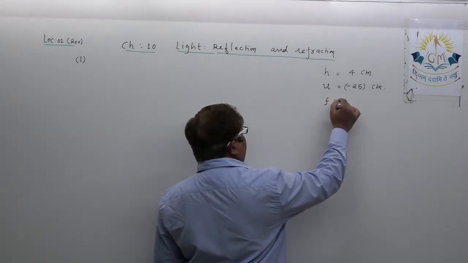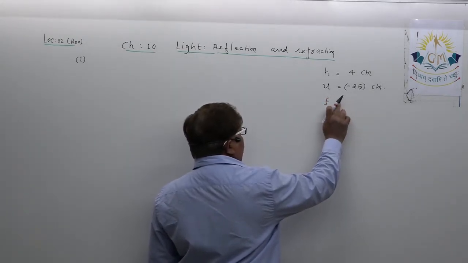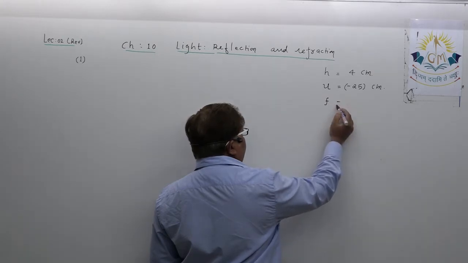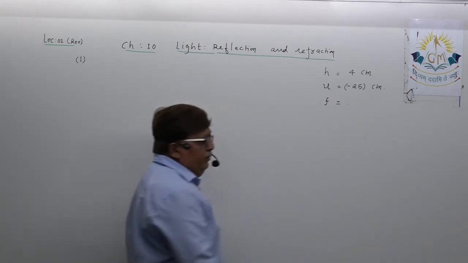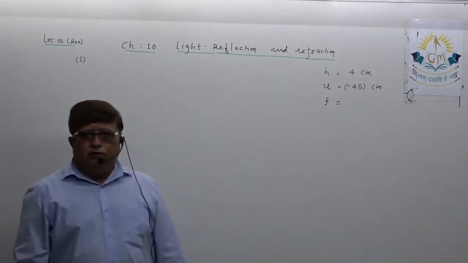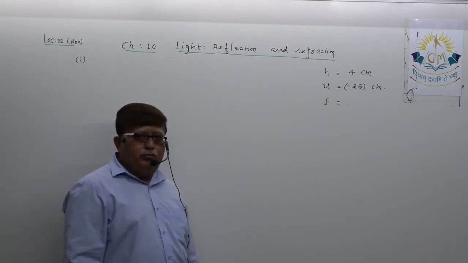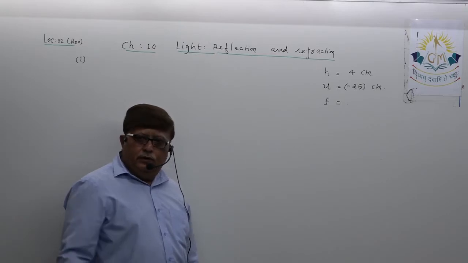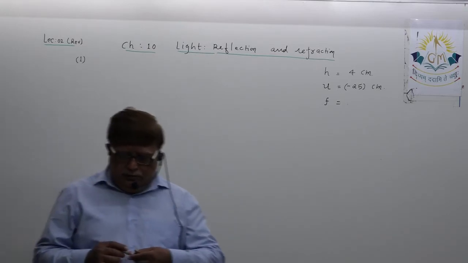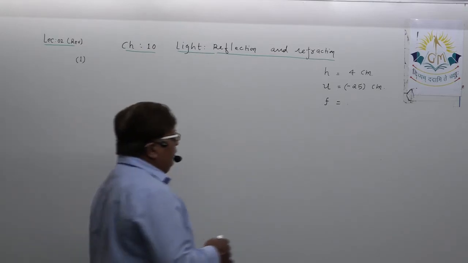Because, dear student, if you remember the first revision lecture where I mentioned that for a concave mirror the focal length is always taken negative, and for a convex mirror it is always taken positive.